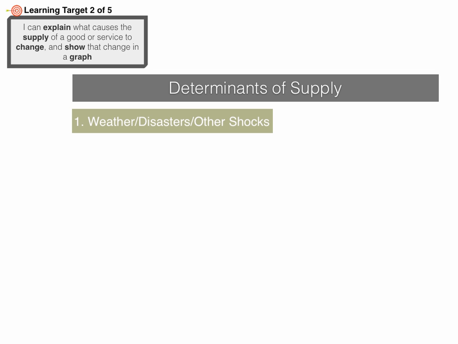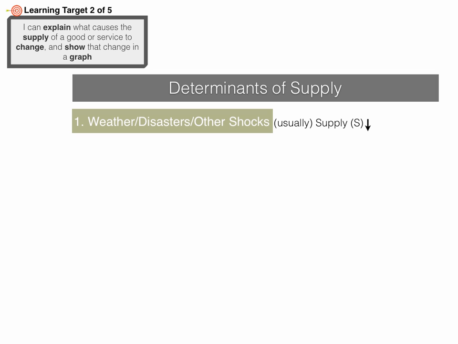So maybe there's an unusual freeze in Florida, and therefore we're not going to have as many oranges, so the supply of oranges might go down. Maybe there's an oil spill that would decrease the supply of oil available on the market.